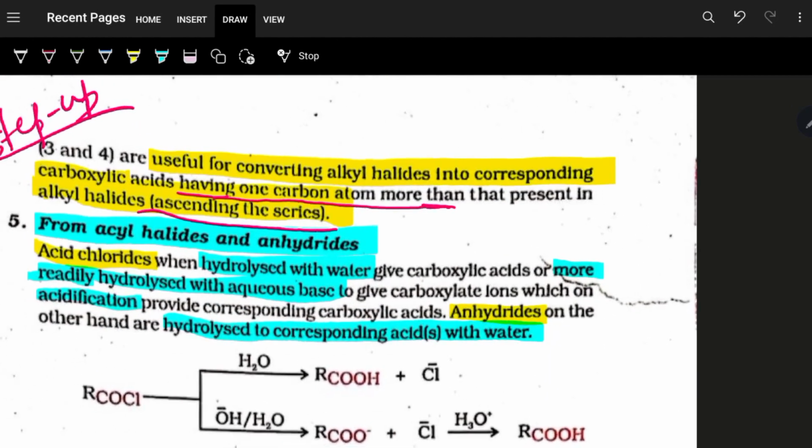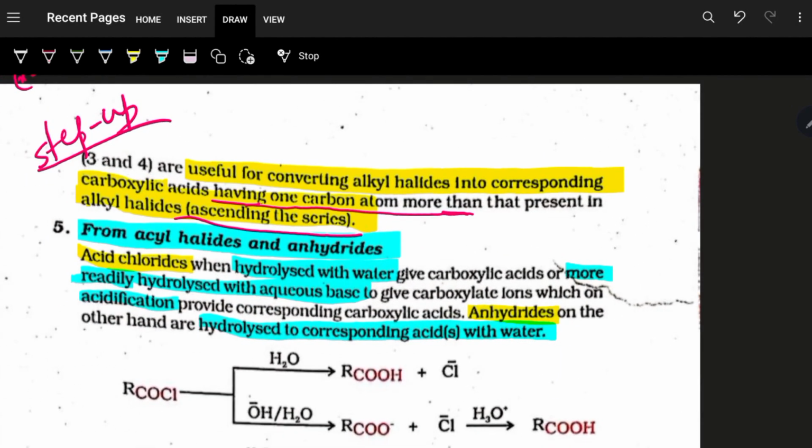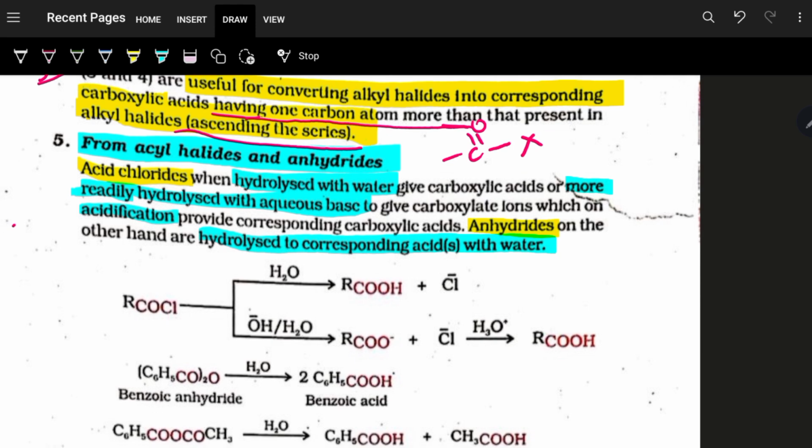Moving on to preparation of carboxylic acid from acyl halide. Acyl halide means C double bonded O X, or Cl when I say acyl chloride, and anhydride means RC double bonded O, here again an oxygen, C double bonded O, and R, that is (RCO) whole twice O. You know what?